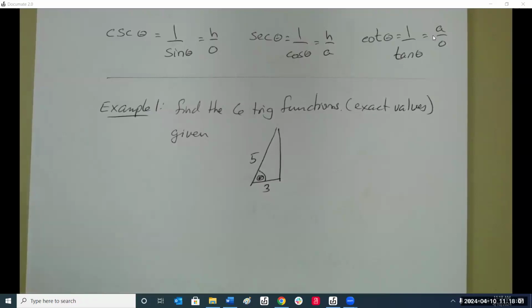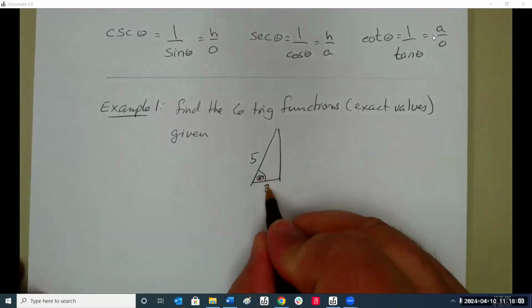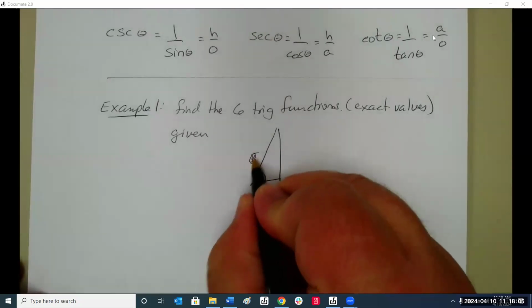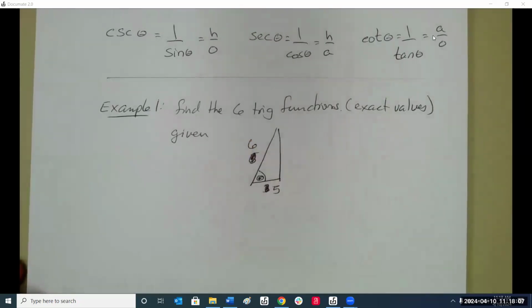Actually, hold it. This is too easy. There. Because we knew the other one was 3, 4, 5. Let's do this one.